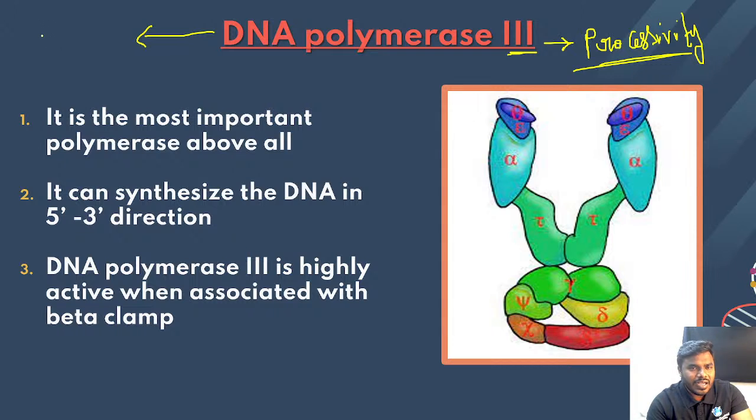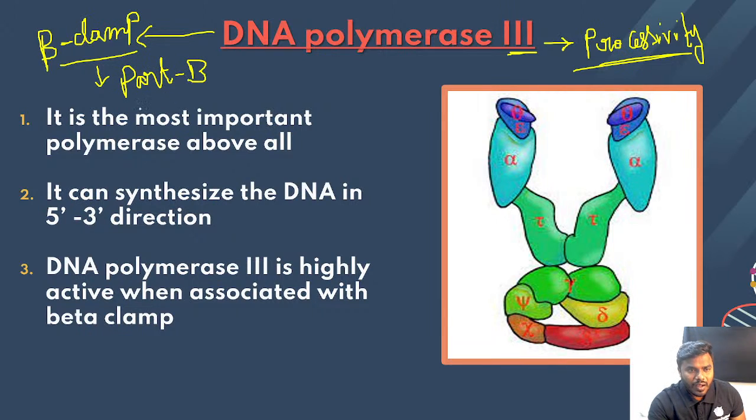DNA polymerase 3 will always be associated with the beta clamp. Every student remember, this is a directly asked part B question. What is the name of the protein that is involved in increasing the processivity of DNA polymerase 3 in prokaryotes?